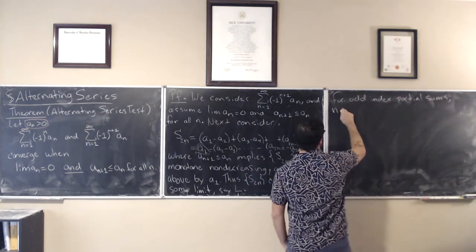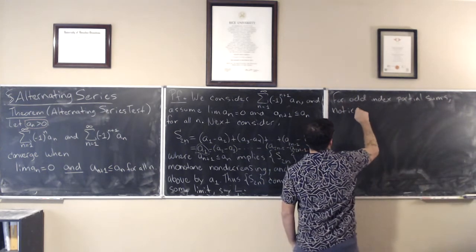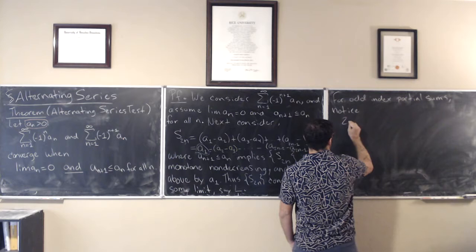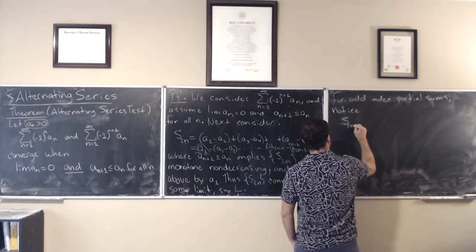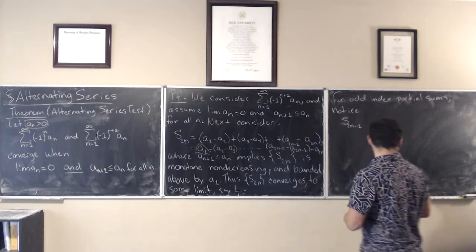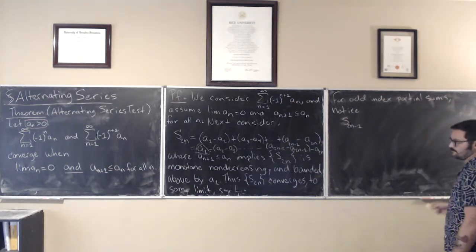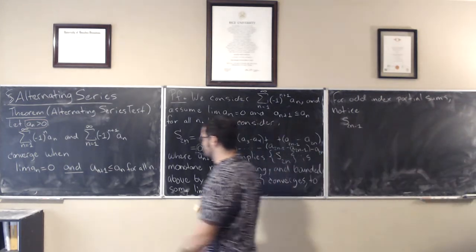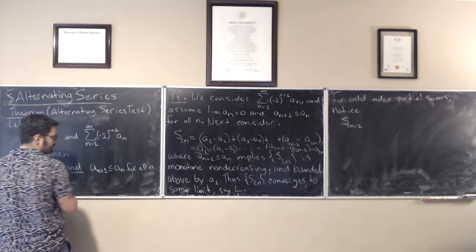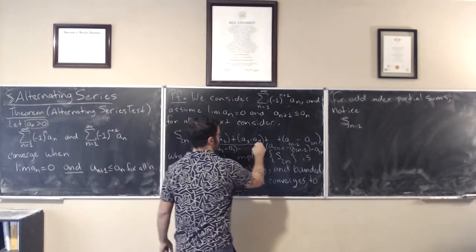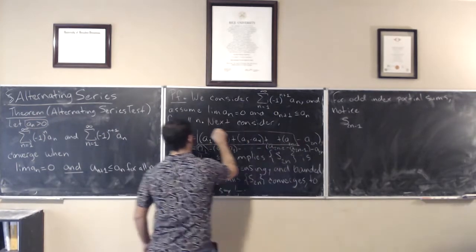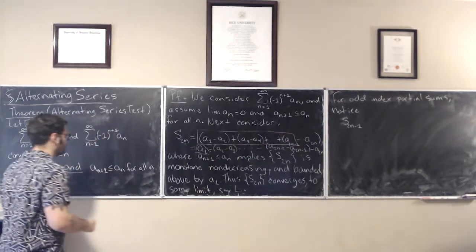Notice that S of 2n minus 1. So what is S of 2n minus 1 in this picture here? It's really this. This is S of 2n minus 1, right there.